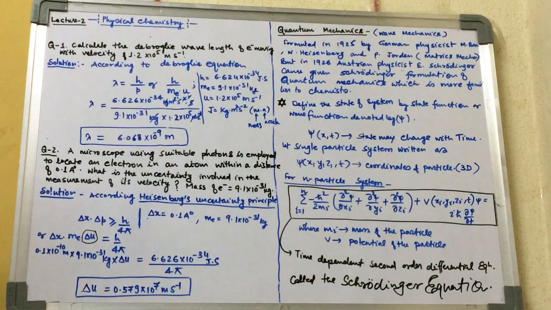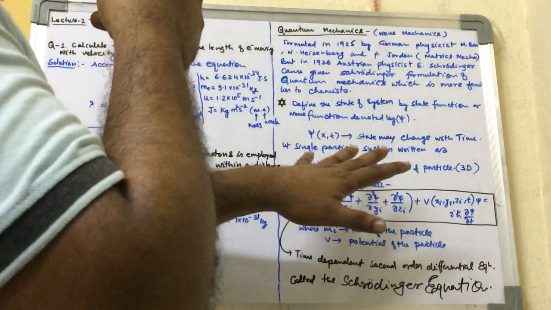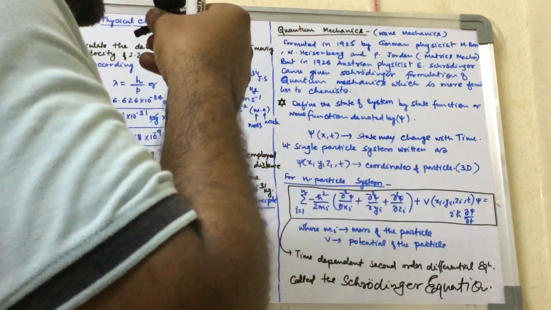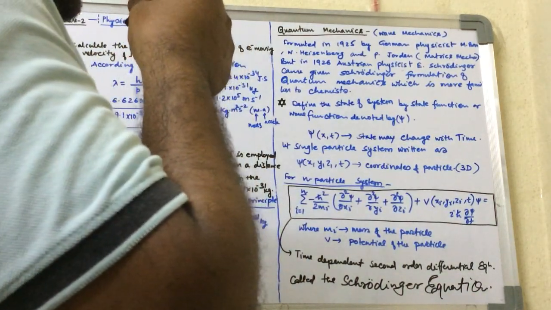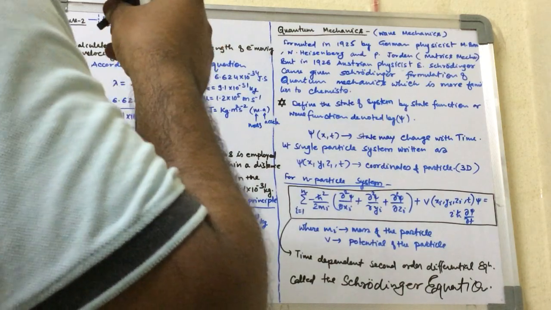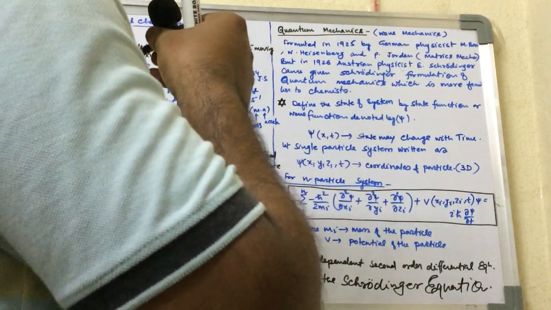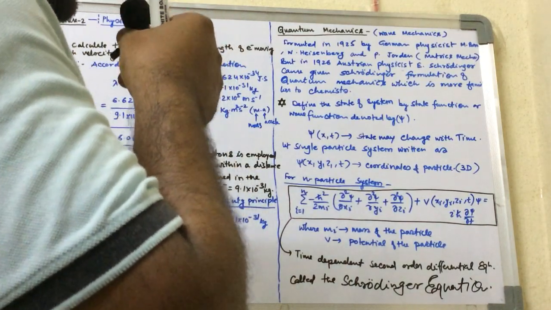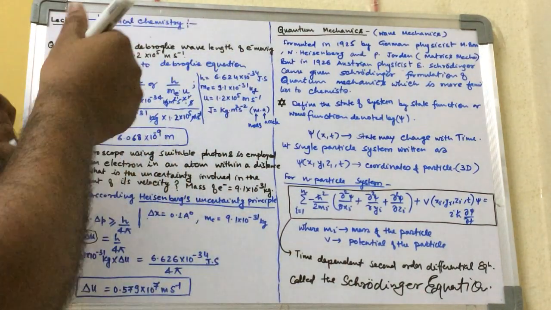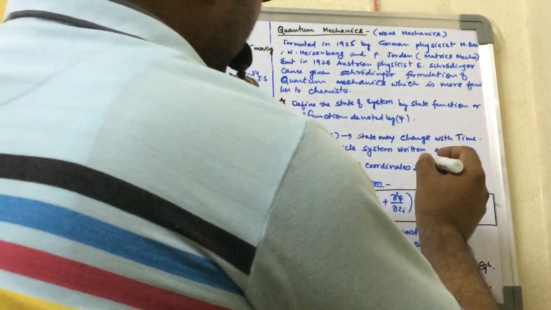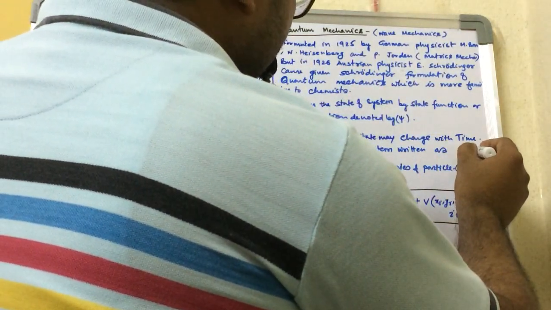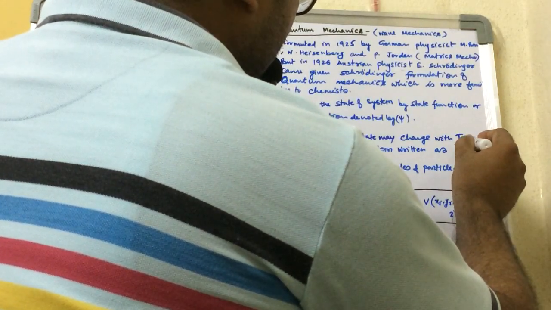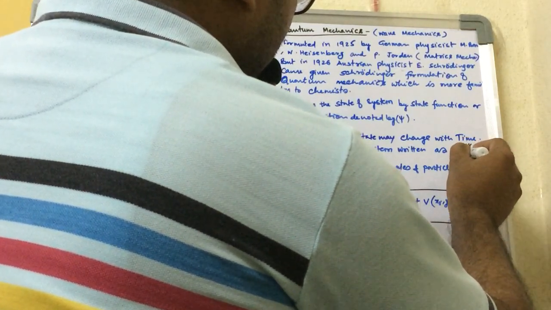So let's define a single particle system. Then further we will talk about n particle systems. A single particle system is like any moving particle, which will move in three directions, x, y, and z direction.